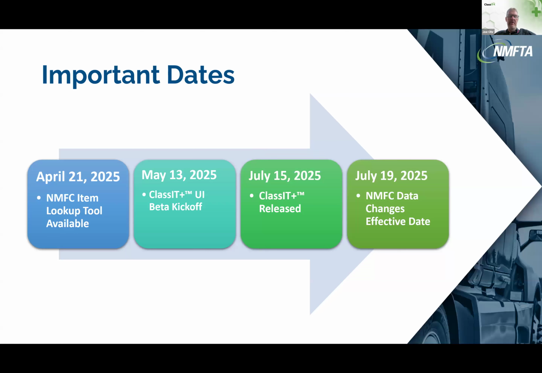It wasn't something that we planned to do, but we started hearing a lot from the carriers and the brokers that, hey, we really need something to help communicate with shippers where we could put in item numbers and look up specific commodities, and with that, we can see what's changing in 2025-1. That's exactly what the lookup tool does.